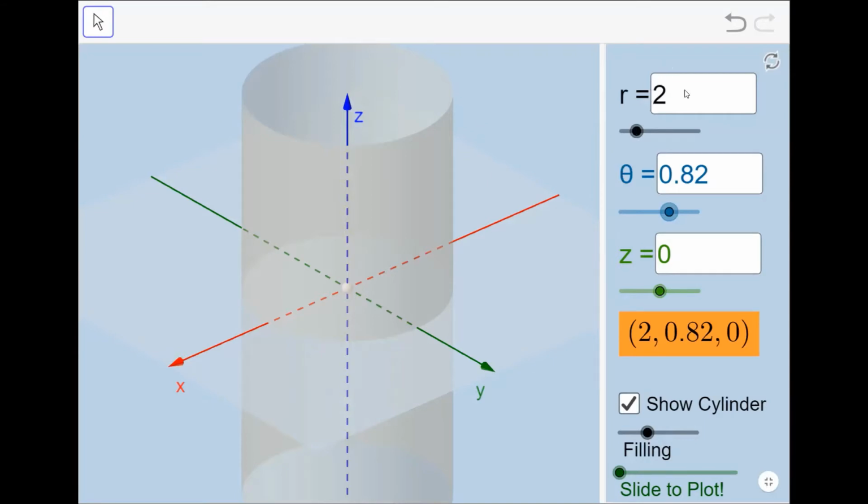Here it is denoted as 2, and the angle is written as 0.82. The angle is denoted in radians. The SI unit of angle is radian. Is it familiar?